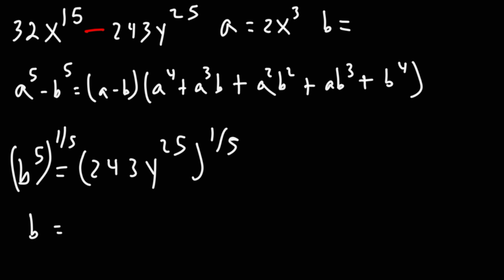What number multiplied by itself 5 times is 243? This is going to be 3. 3 to the 5th power is 243. 3 times 3 is 9, times 3 is 27, times 3 is 81, times the 5th 3, that's going to be 243. Now 25 divided by 5 is 5. So b is going to be 3y raised to the 5th power.